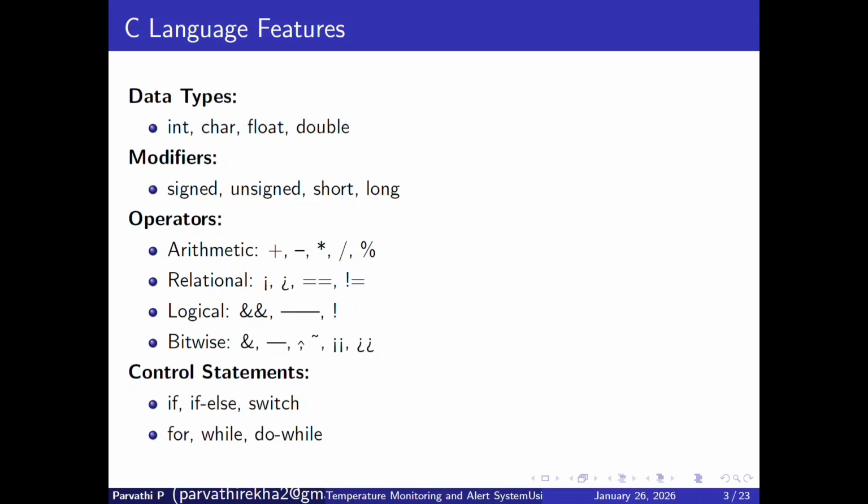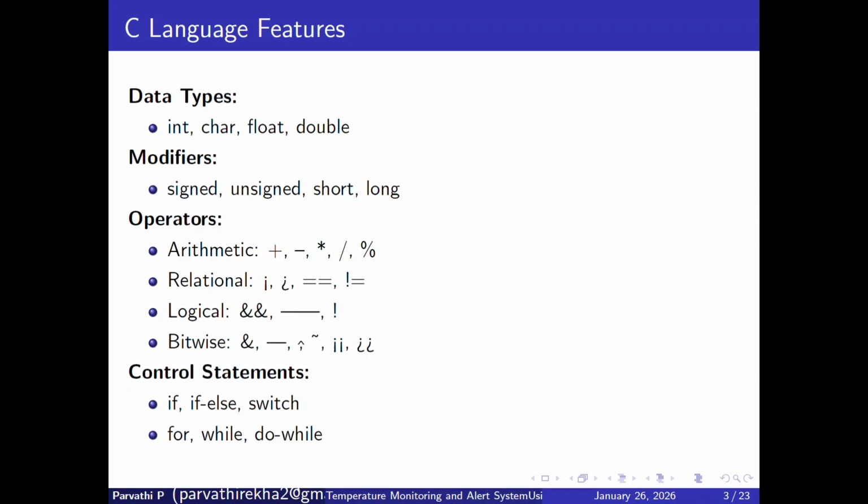We also learned relational and logical operators for comparing values, like the current temperature to the threshold. We used these operators to calculate the threshold value. The bitwise operator is used for setting specific bits in PIC registers.